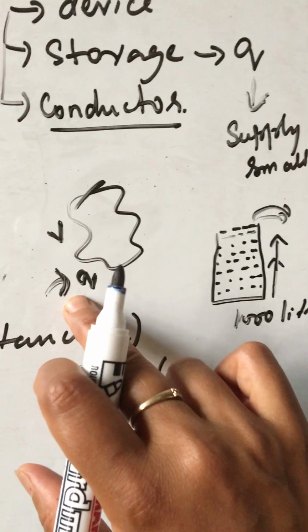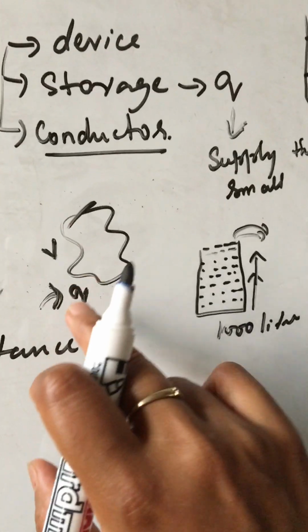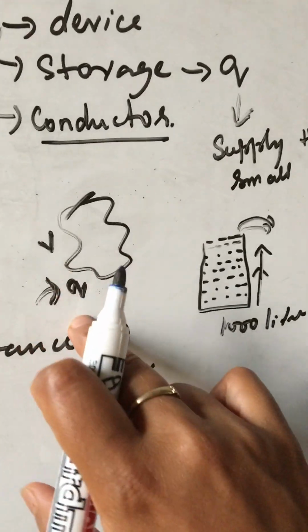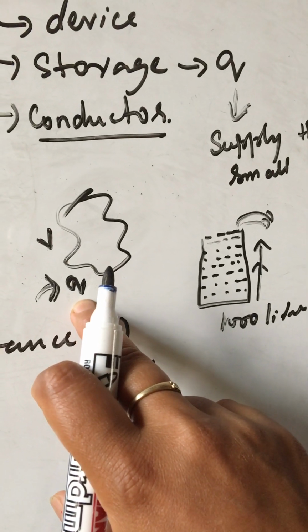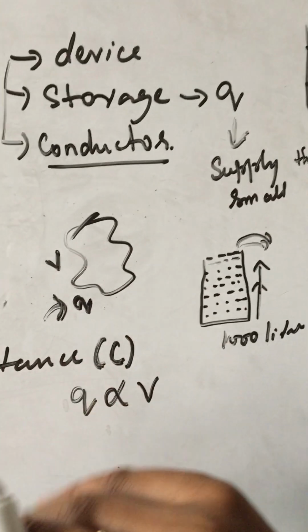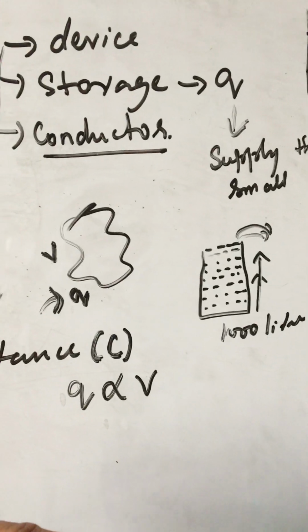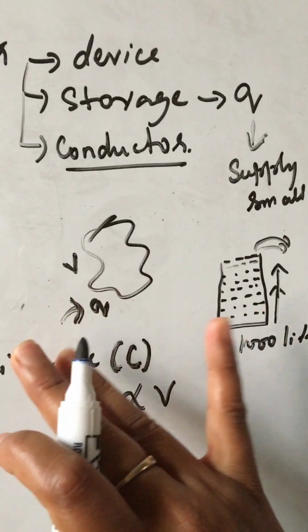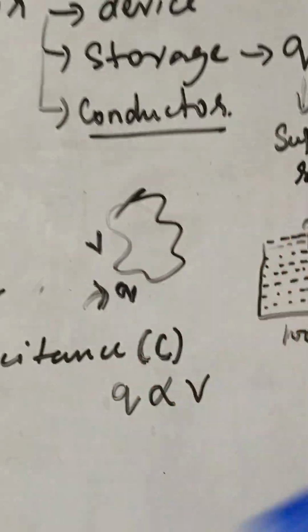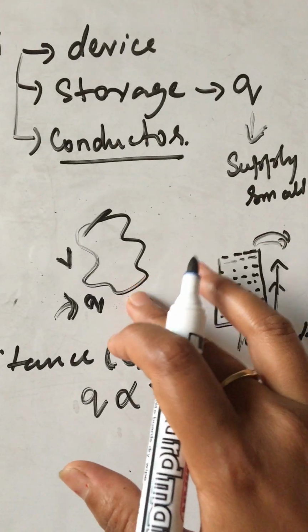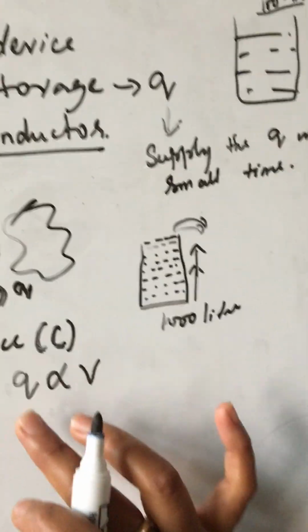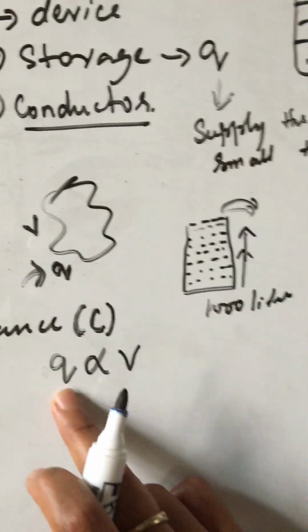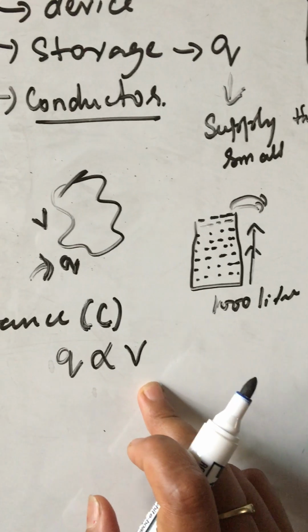But there comes a point where if you increase the charge further, there comes a saturation point. Then it cannot store further charge, depending upon its capacitance. So it is quite evident that the charge storage is proportional to the potential.